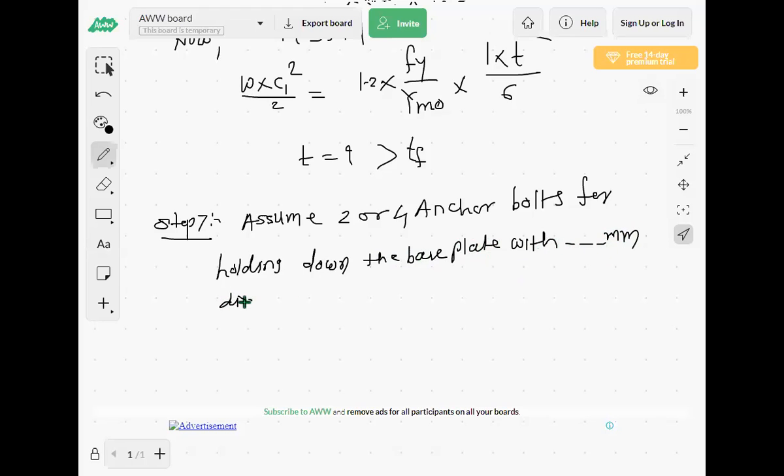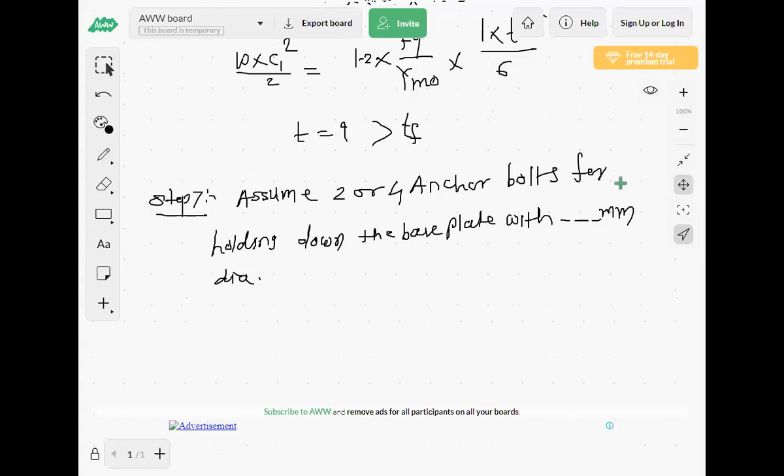You have to decide how much diameter you have to use for this anchor bolt. So this is step number 7.